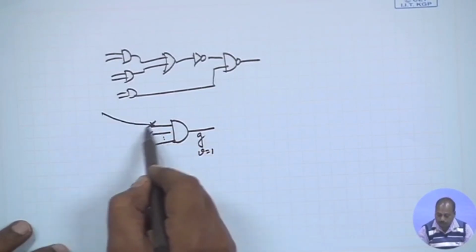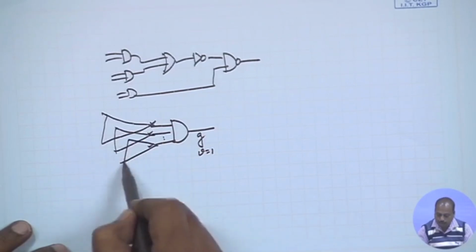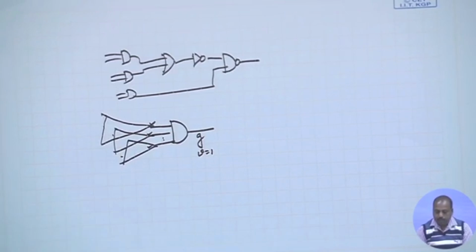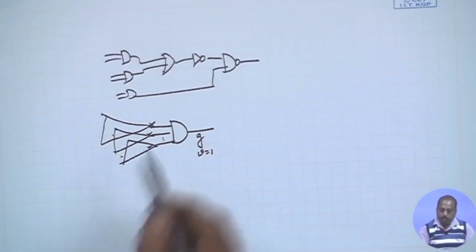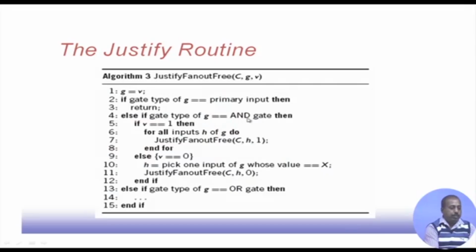Whatever input cone we have for these inputs, all of them need to be put equal to 1. Ones must appear at all these points. So that is what is told here: if the gate type is AND gate and the value we want to put is 1, then for all inputs H of G, we need to justify fan out free C, H, 1. All the inputs are to be justified.